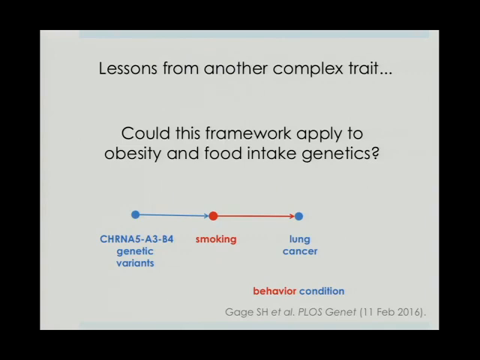So if you're going to use animal models from the literature as priors, one could also think about using human addiction pathways or something that are well known in the literature as priors.